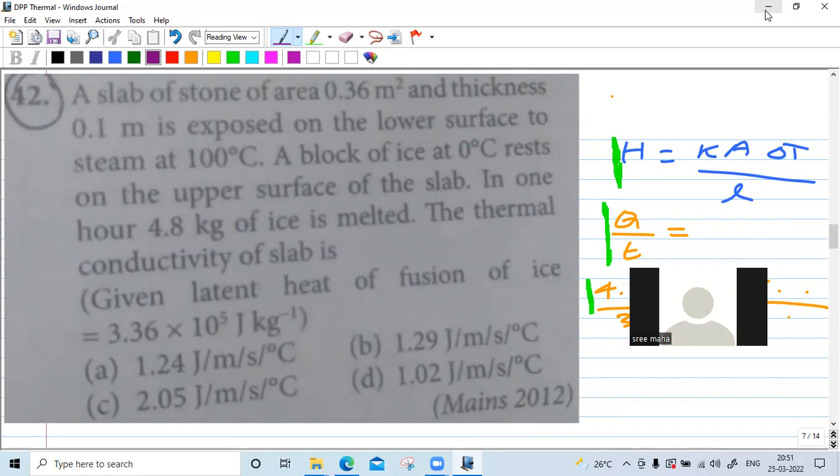March 14. No, sir, those are NCERT problems only. No, the triple point, which one? The one you sent right now. Triple point is not there in the syllabus. Which date? One minute, sir. Five problems.